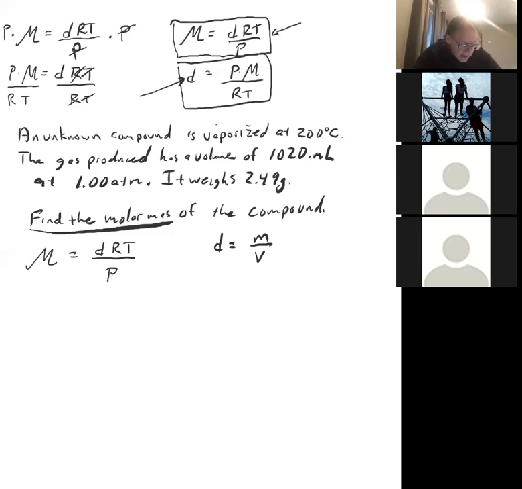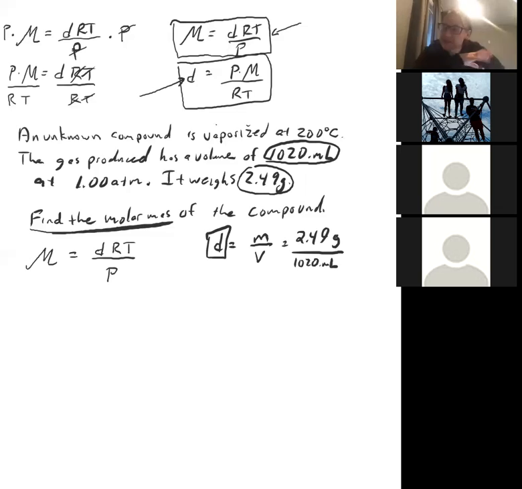So if you have the mass, here it is, and you have the volume, here it is, you've got the density. So even though we're not given the density, we can calculate it from the mass and the volume.